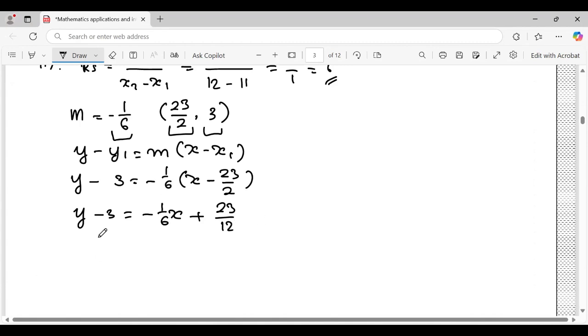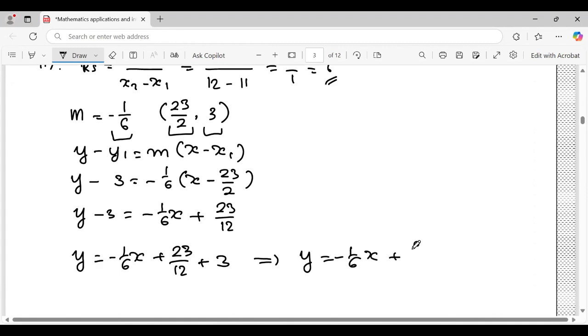So y equals minus 1 over 6 x plus 23 over 12 plus 3, or y equals minus 1 over 6 x plus 23 over 12 plus 36 over 12, since 12 times 3 is 36.